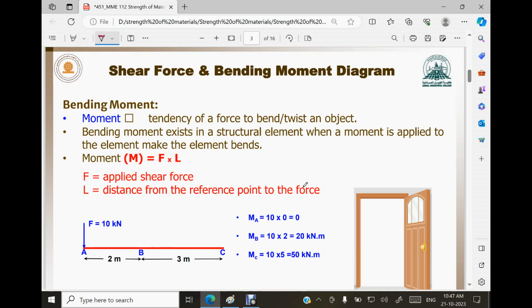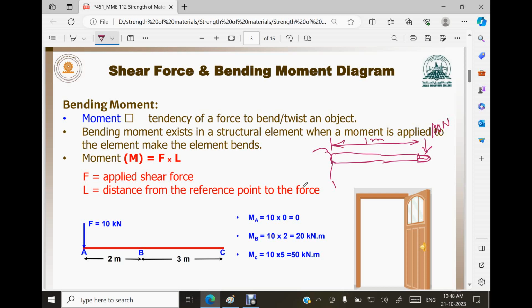If I am holding something over here in my hand, some load is kept over here, this is the shoulder. Let us say this distance is 1 meter and this force is, let us say, 100 newtons.